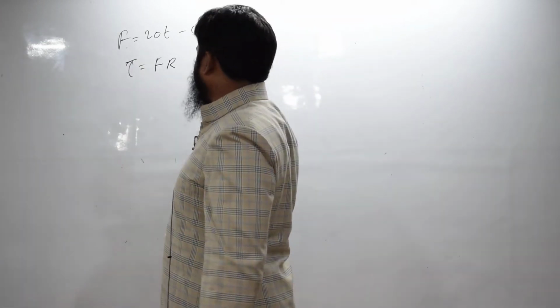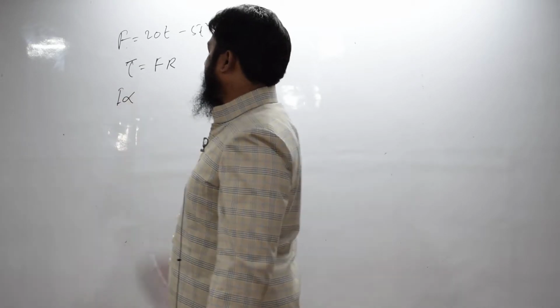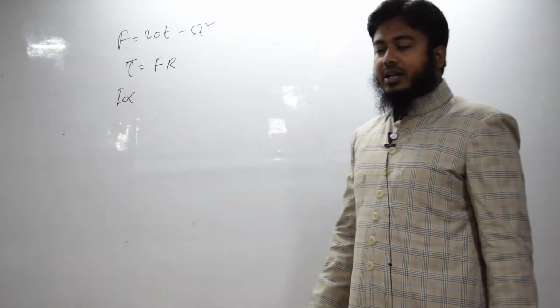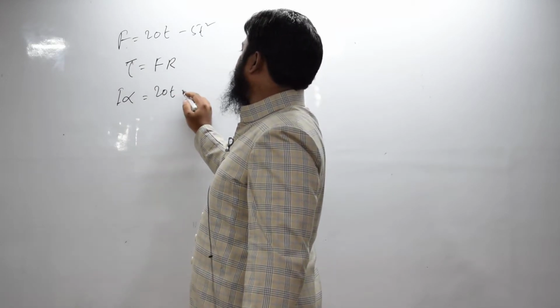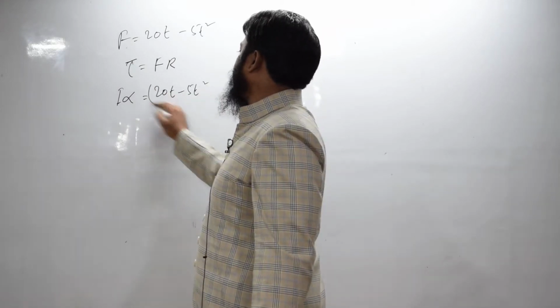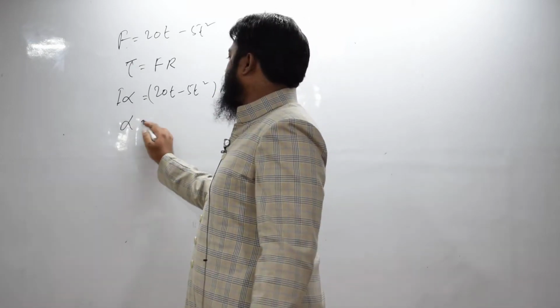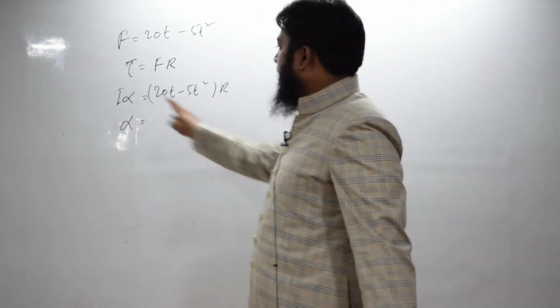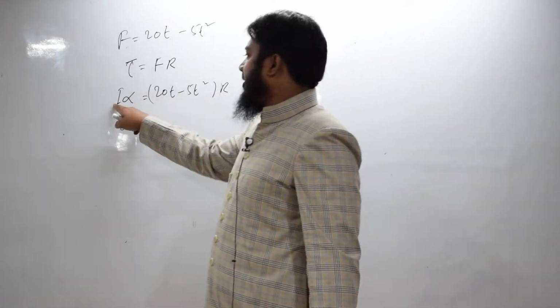So, from here you can see torque is equal to F into R, and in place of torque we can write I alpha, which is equal to F, which is 20 t minus 5 t square, into R. Now, put the values. So, alpha comes out to be: I is 10, R is 2, so you are left here with 5.